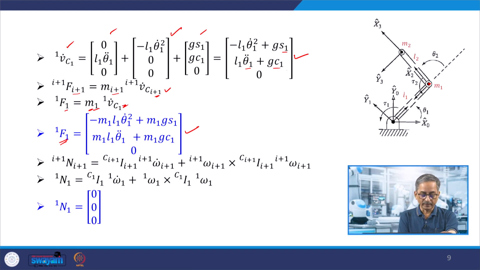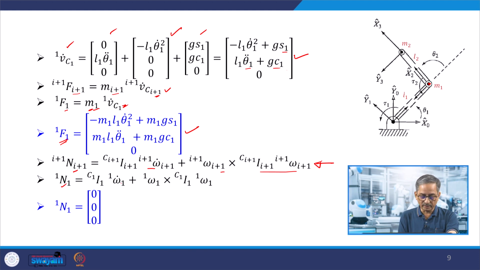Fine. Similarly, this is the expression for moment propagation, inertial moment here. In this one again you see that you have the I omega dot term coming, then you have the omega cross I omega term, this comes as we have seen, and this effectively comes from the Euler equation. So, let us put i is equal to 0 here.